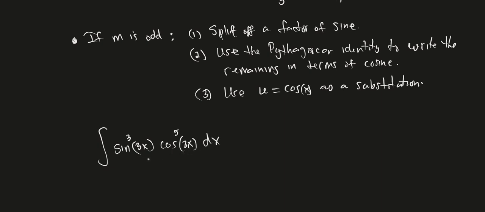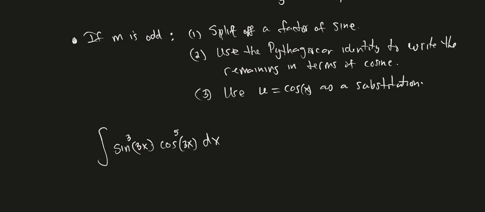You literally have a choice. Now, how do you choose which one? The algebra tends to be a little bit easier if you choose the function that has the smaller of the two powers. Now, if they're both 3, then the amount of algebra is identical, and you have a choice, whichever one you wanted to factor off.